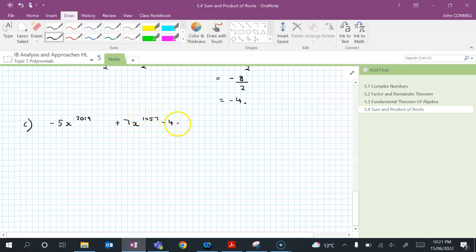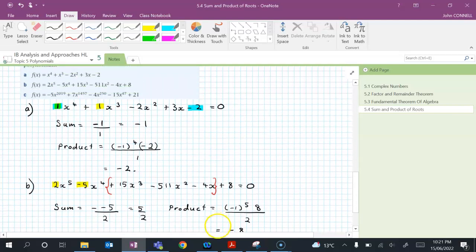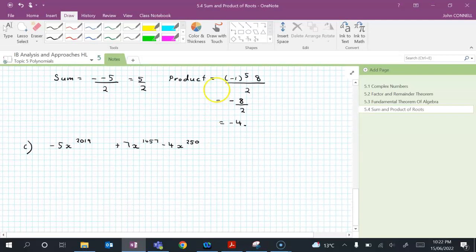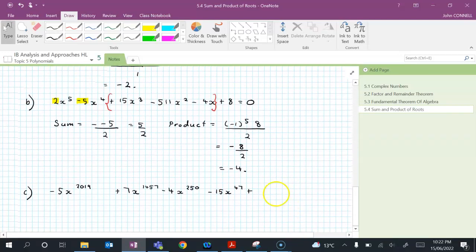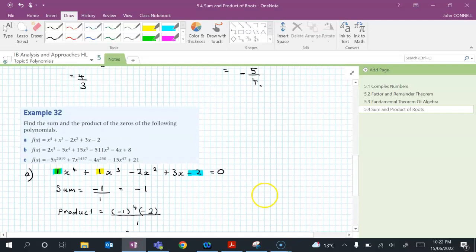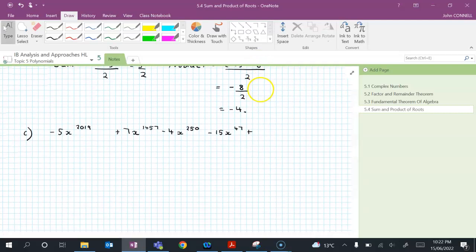Now let's take 4x to the power of, if my memory serves me, it's x to the 250. Take 15x to the power of 47 plus 21.